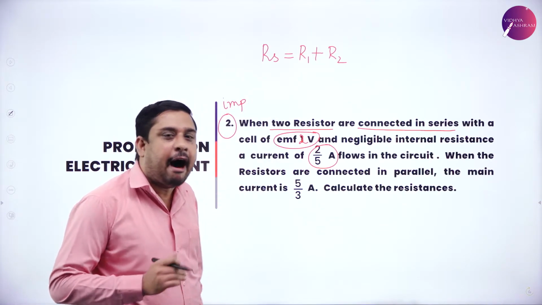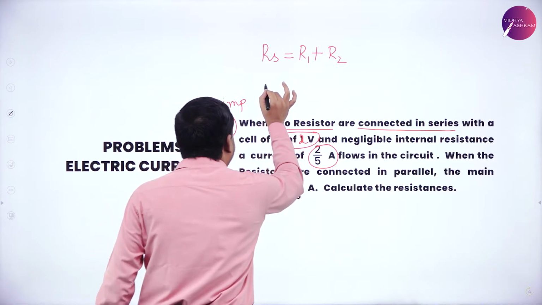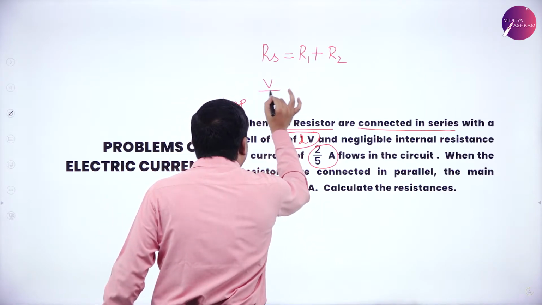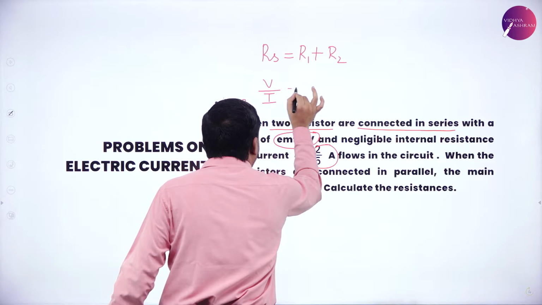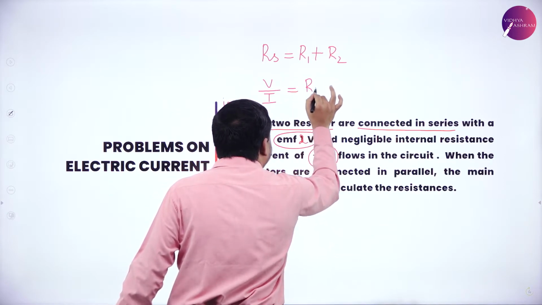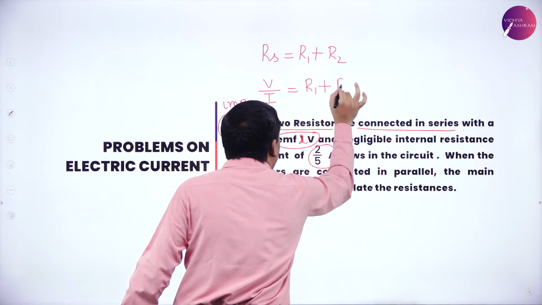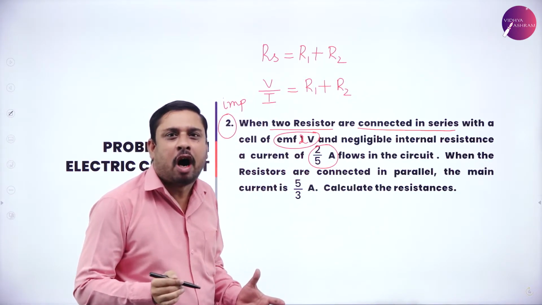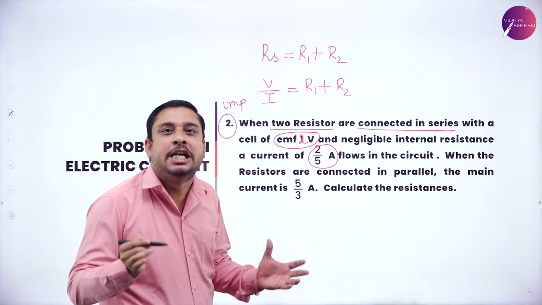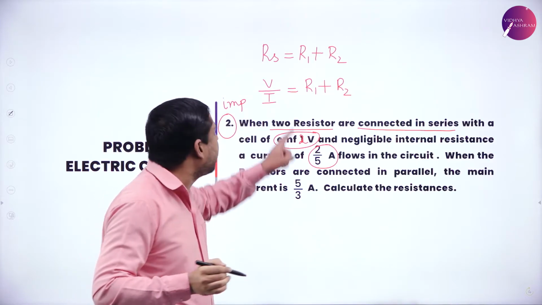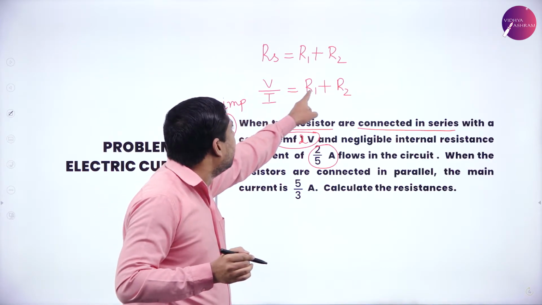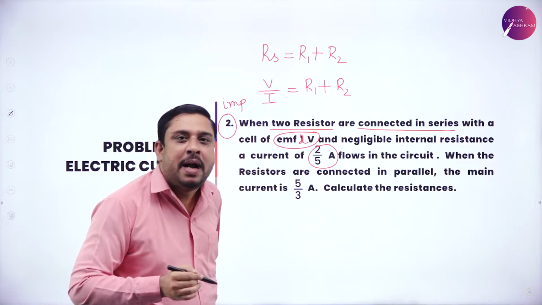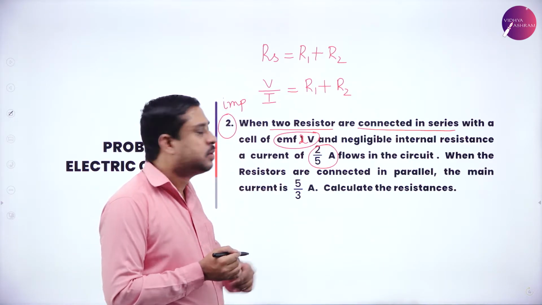Now this RS can also be written as V by I equals R1 plus R2. Ohm's law: V is I into R, or R is V by I, which is R1 plus R2.